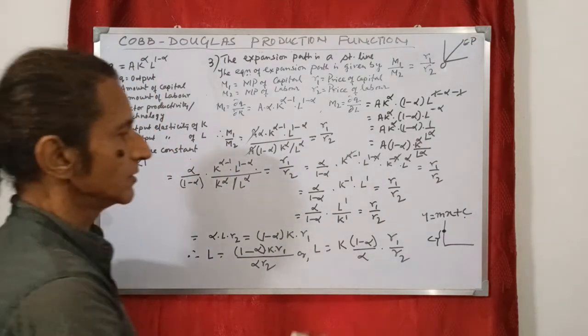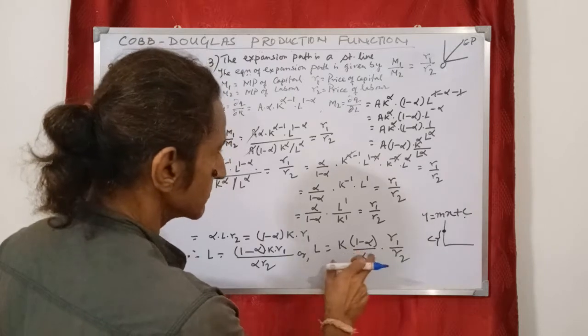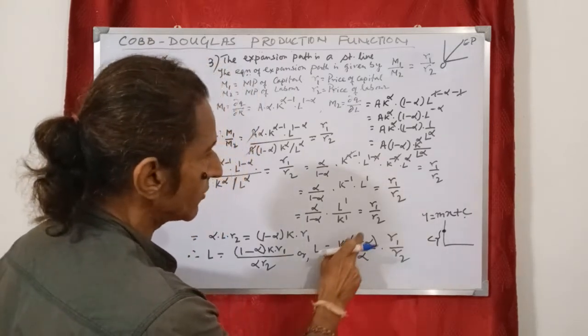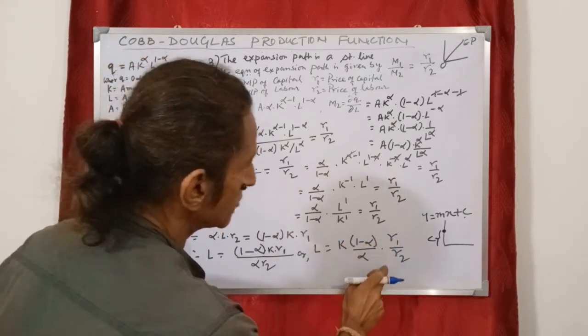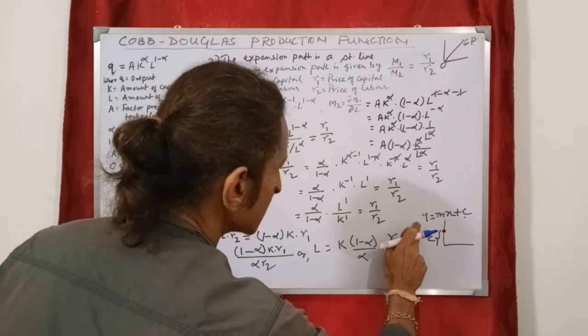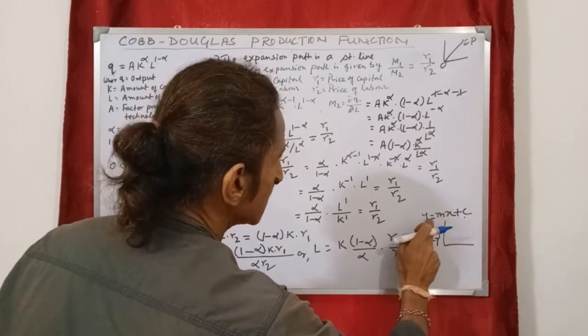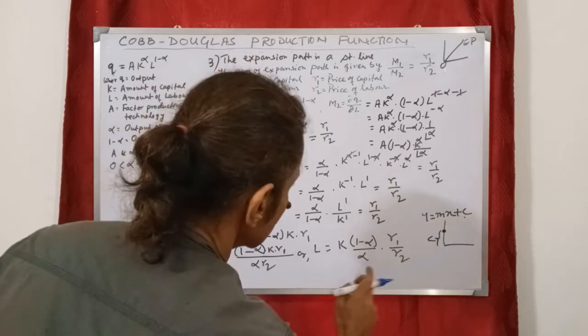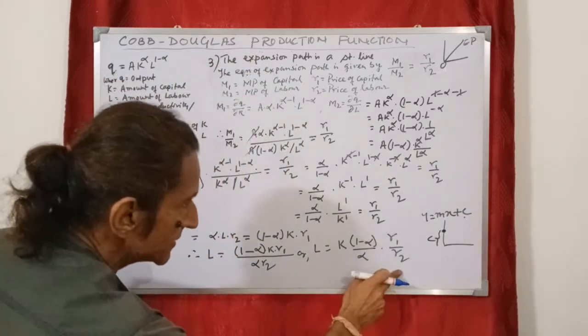Right? So, as we compare this equation, L equals to K into 1 minus alpha by alpha into R1 by R2 with standard straight line equation y equals to mx plus c, it is proved that this is a straight line.